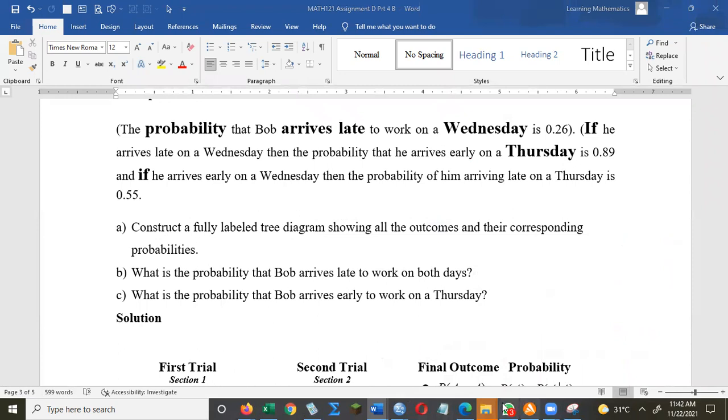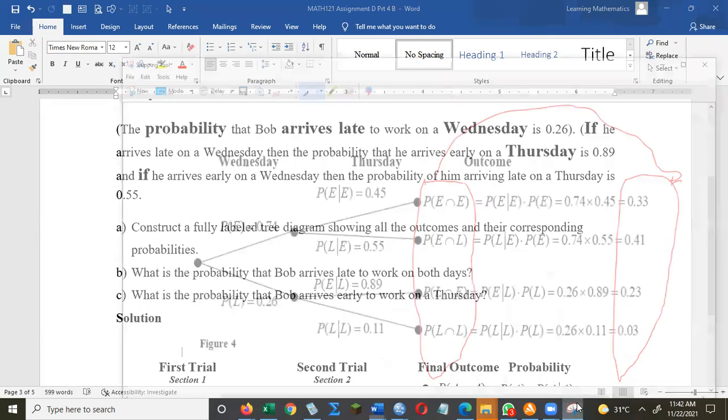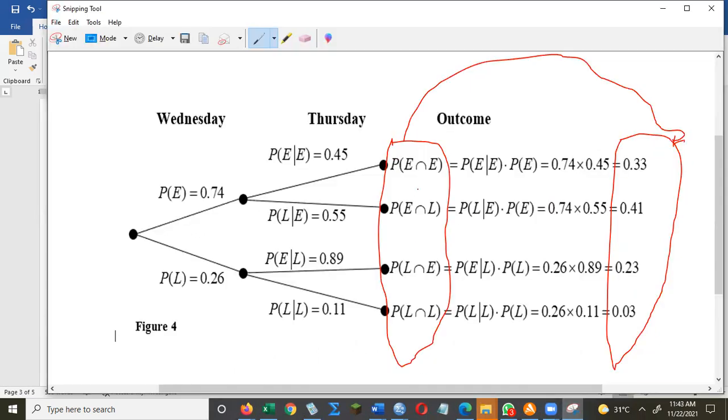Late on both days. Which of these says late on both days? Probability of late on both days. The last one, late then late, exactly. Late on both days: late on a Wednesday and late on a Thursday. You can even use the word and too. Probability of late on a Wednesday and late on a Thursday, late then late, is 0.03.